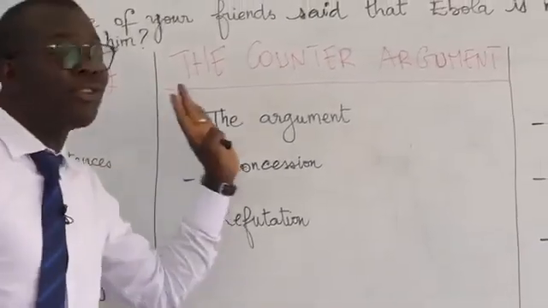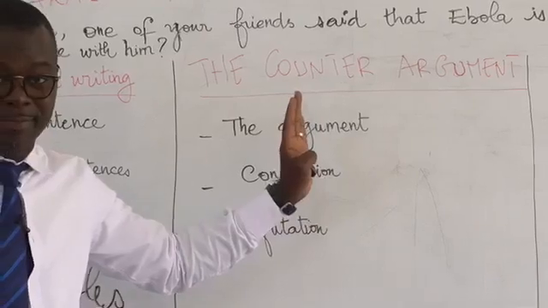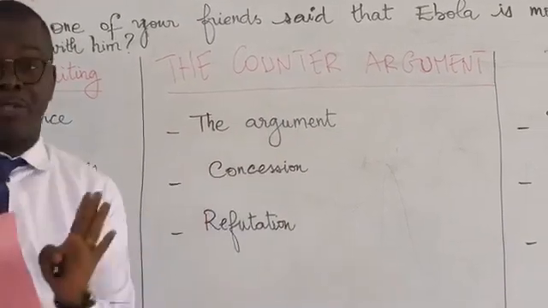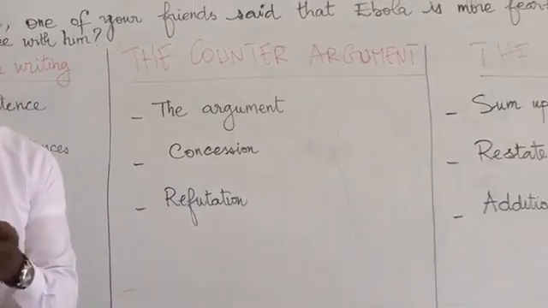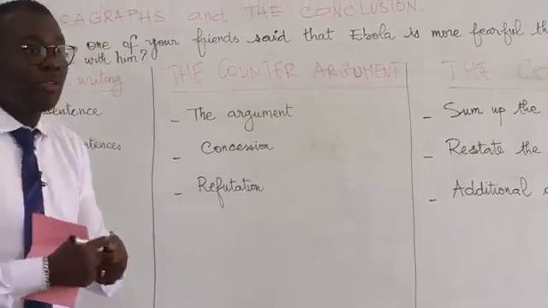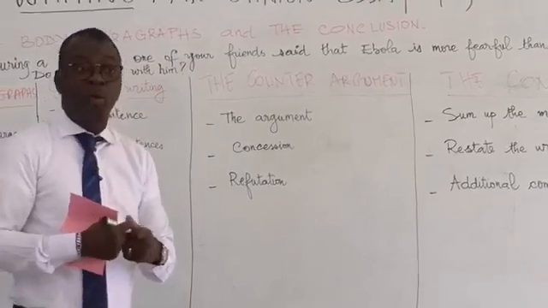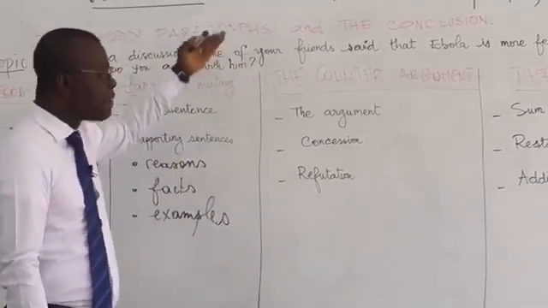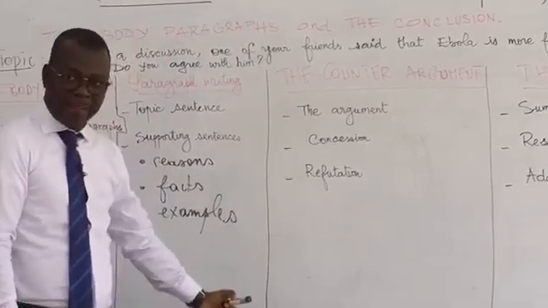Then we have the counter arguments. But let me tell you, in our context, it is optional. You as a student, you can decide to write an argumentative essay where you defend your own opinion from the beginning to the end.